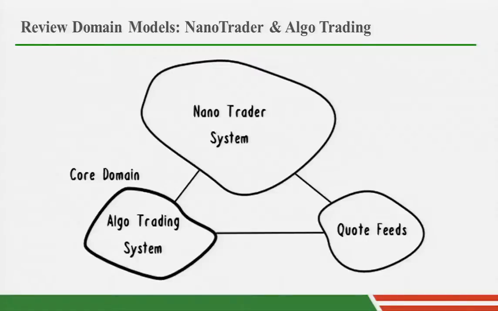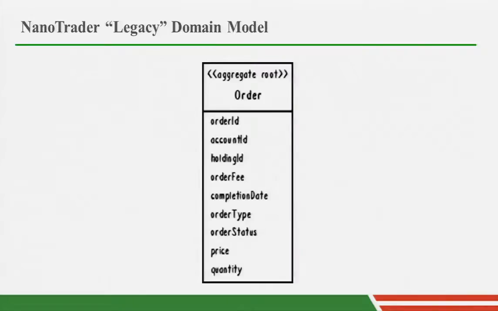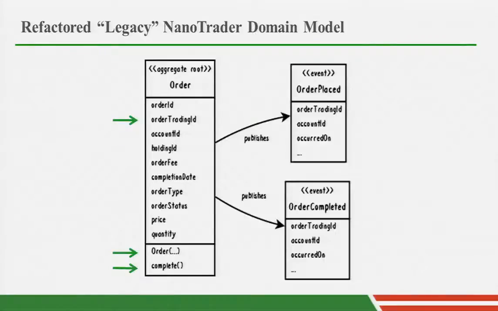So let's now look at this NanoTrader stuff and how DDD was used. We took this NanoTrader domain model, and we needed to do a little bit of rewrite and a little bit more refactoring, because what we found is that to make our new domain model, the algorithmic trading model, work, we had to add this concept of a business ID, because this order ID didn't exist until the commit was done.